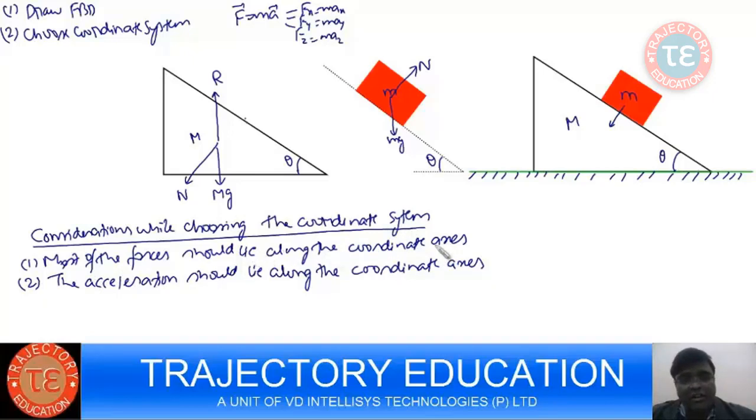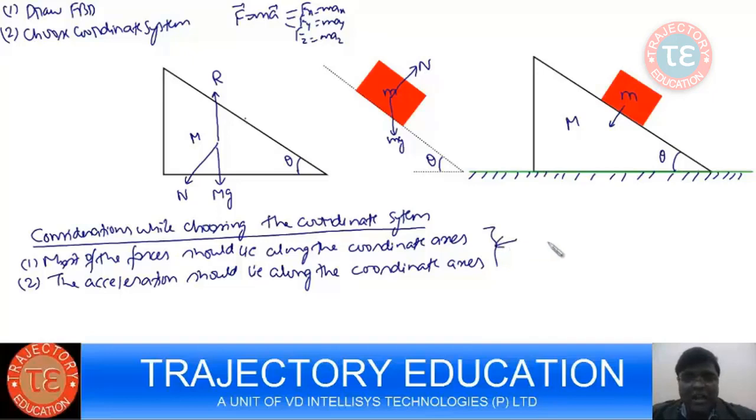Why do we want this? Because all those forces which lie along the coordinate axis won't need to be resolved. Those forces which do not lie along the coordinate axis, we have to resolve while applying these equations. So the fewer forces we have to resolve, the easier and better it is for us.